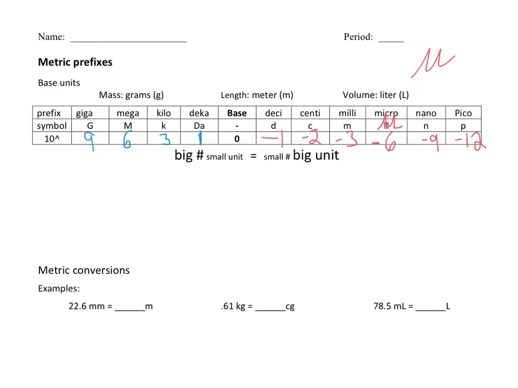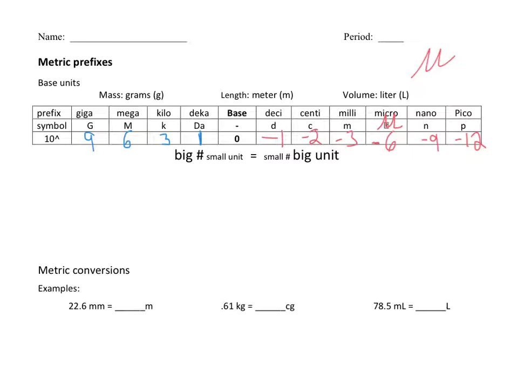Okay, so how do we use these prefixes? If you want to relate one unit to another with prefixes, what you do is you always put the big number next to the small unit and the small number next to the big unit. What that means is, let's say we're talking about money.